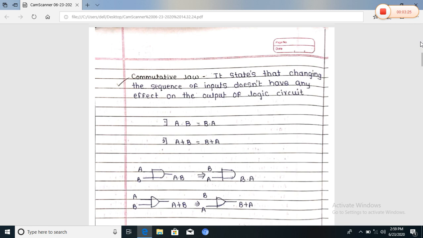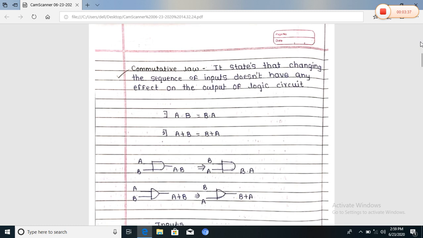And second, a plus b is equal to b plus a, changing the sequence of the inputs. These expressions can be shown diagrammatically. The first term, a into b, is the same as b into a.